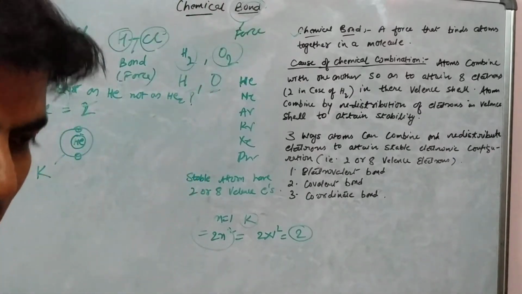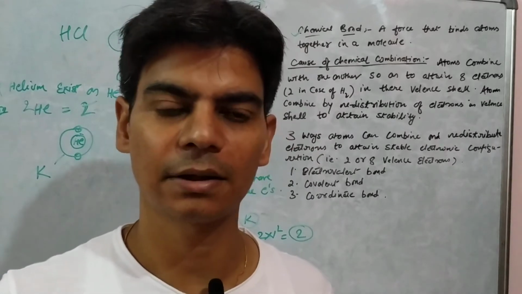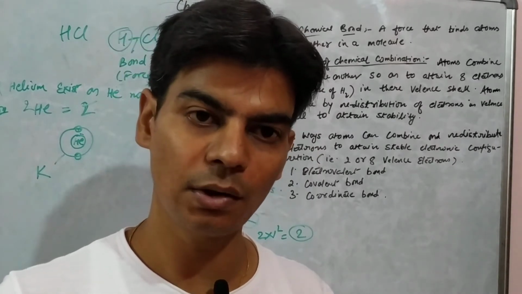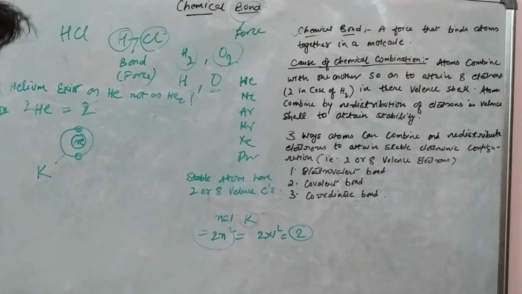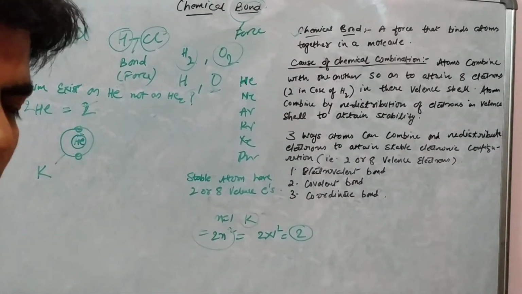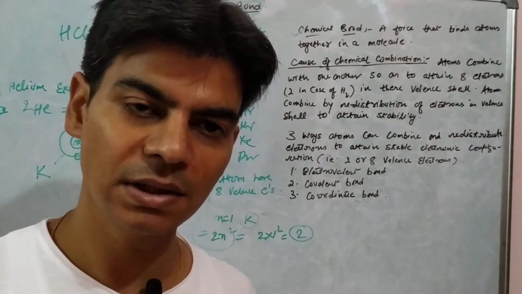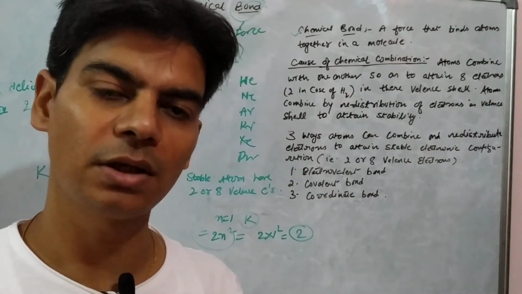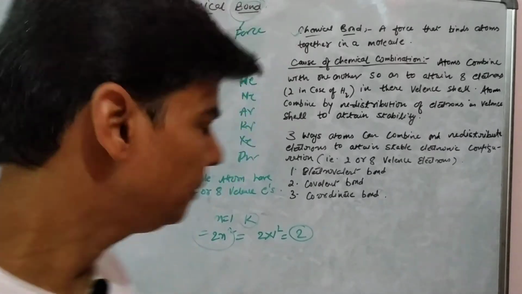We have seen in the previous example that a hydrogen atom reacted with another hydrogen atom to acquire 2 electrons in its outermost orbit, whereas helium already has 2 electrons in its only shell, its outermost shell, due to which it is stable. Since it is stable, it will not react with other atoms of helium.